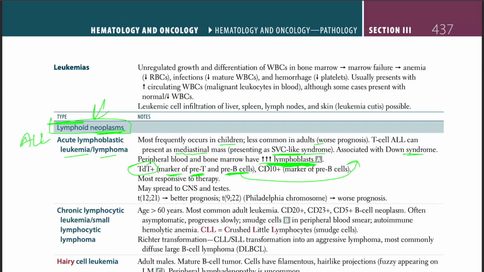They're TdT positive because they're blast cells, so all blasts would be TdT positive. And CD10 positive is a marker of pre-B cells. So the marker of pre-B cells is CD10. Their response to therapy is a good thing, but they may spread to the CNS and testes.